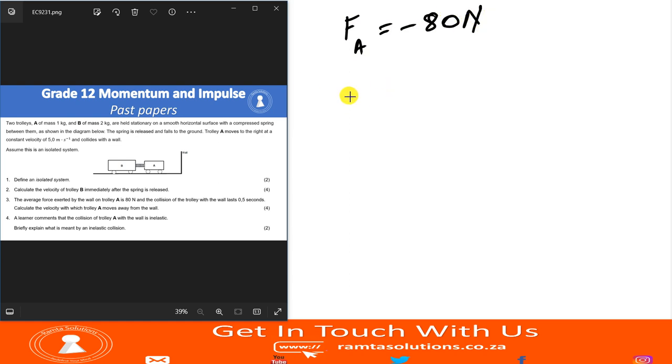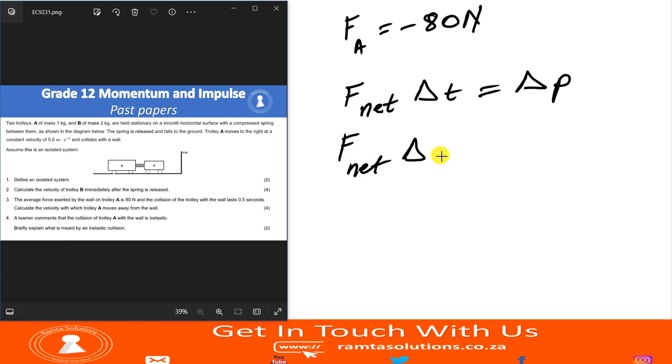Okay. So we know the momentum impulse theorem is F net is equal to delta P over delta T, isn't it? Or simply it is F net delta T is equal to delta P. Again, because we are looking for the final velocity, let's write this as mass of object A times final velocity minus initial velocity.